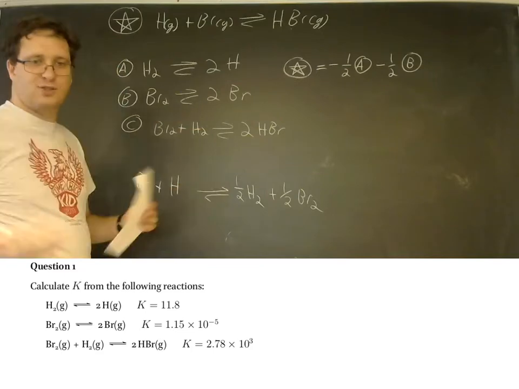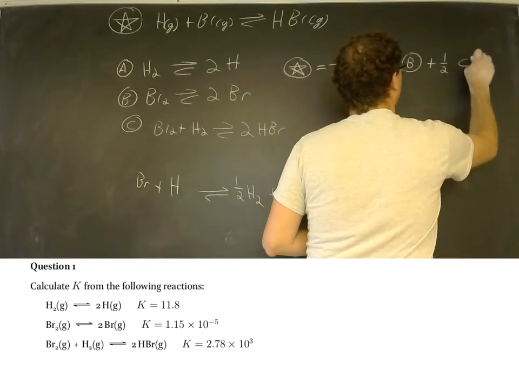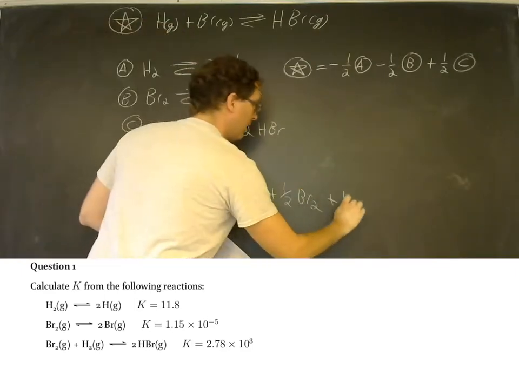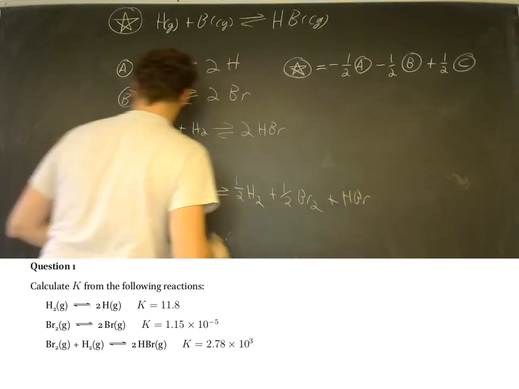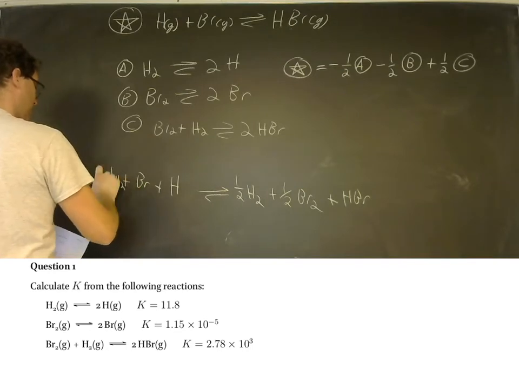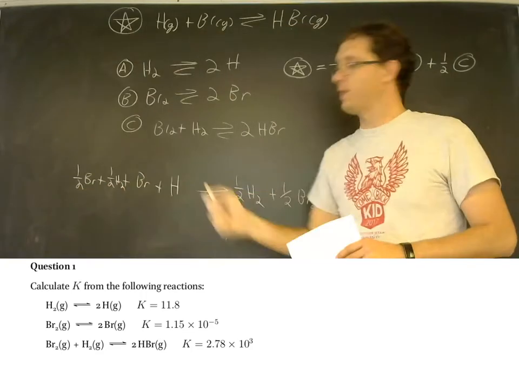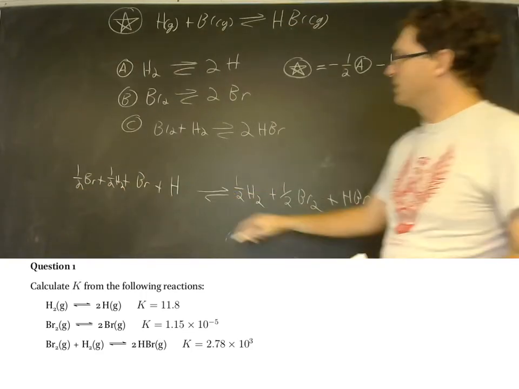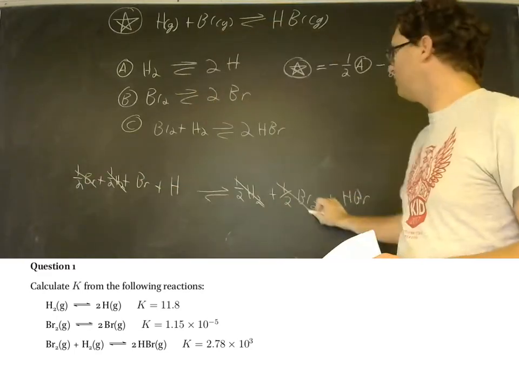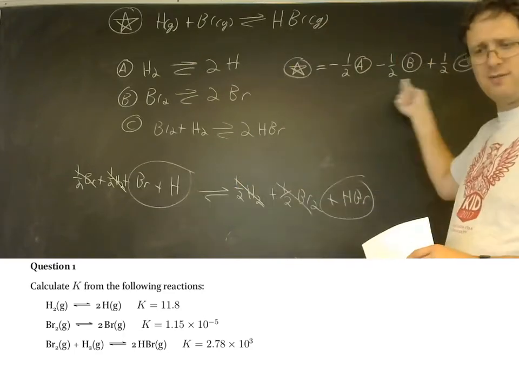C provides 2 HBrs on the product side, so I will add 1/2 of C, and that gives me the HBr I need, plus 1/2 of hydrogen and 1/2 of bromine over there. Now let's cancel some things out. 1/2 H2 cancels, 1/2 Br2 cancels, and I'm left with what I wanted. So this is a valid formula.